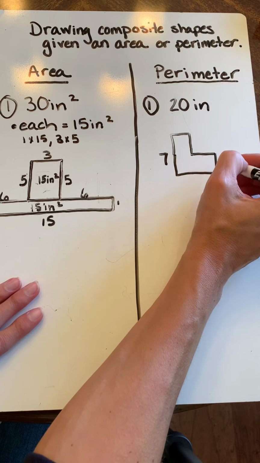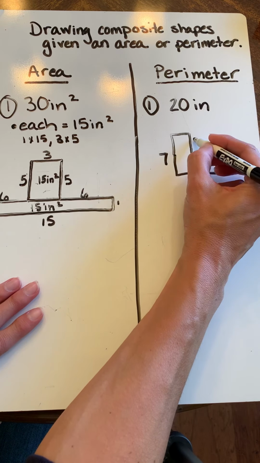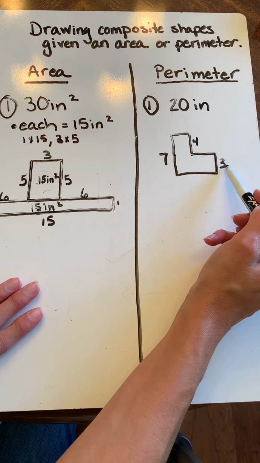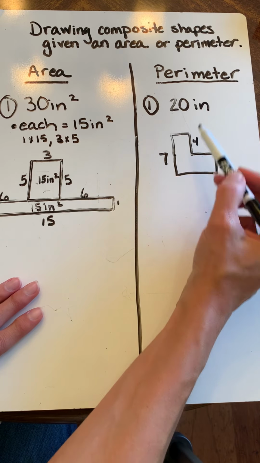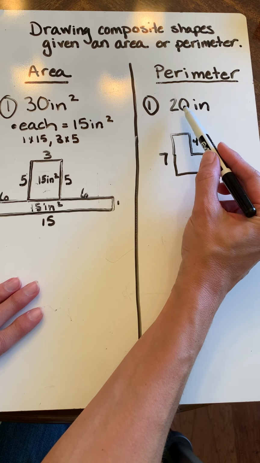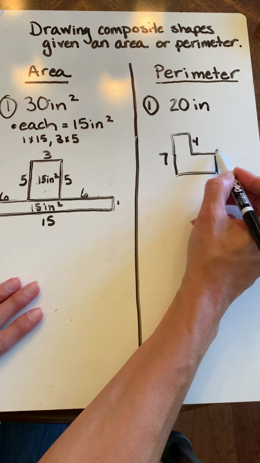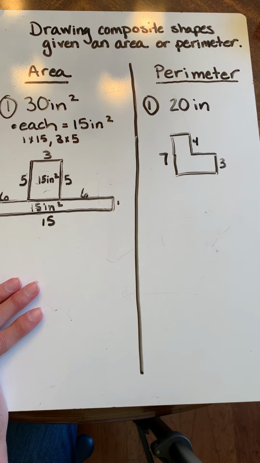So I'm going to make this smaller section 3, this bigger section 4. So far I have 7, and 7 is 14. I only have 6 more inches to work with. And I have 1, 2, 3 places to put it.